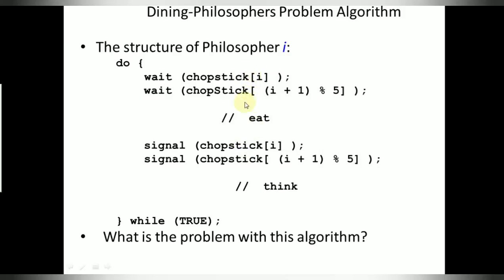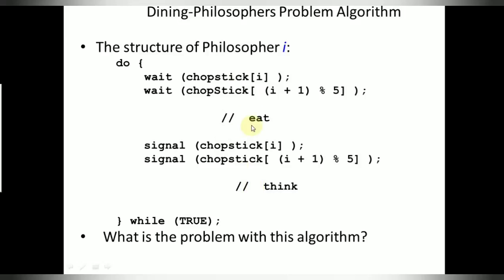If it gets both the chopsticks, then it is allowed to eat. After it has completed eating, it releases the chopsticks using the signal. So it releases both the chopsticks, and now the philosopher goes to the thinking state.